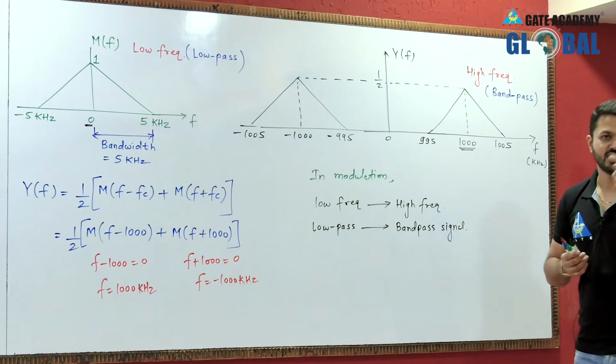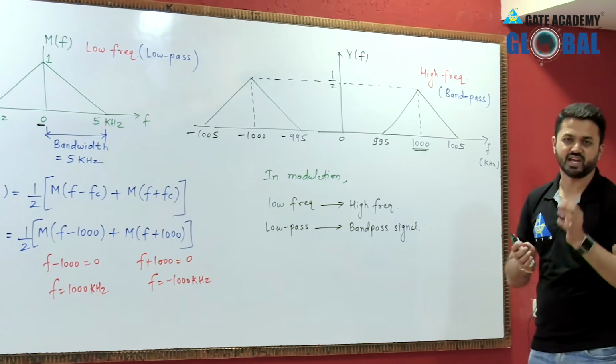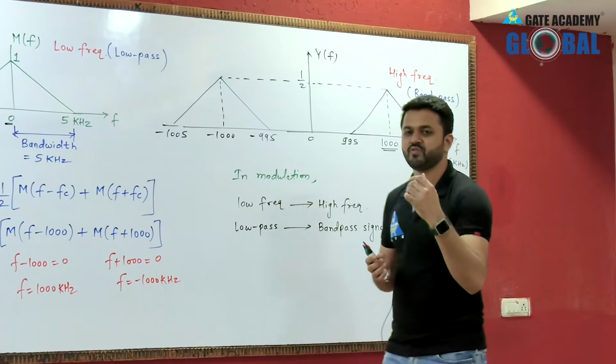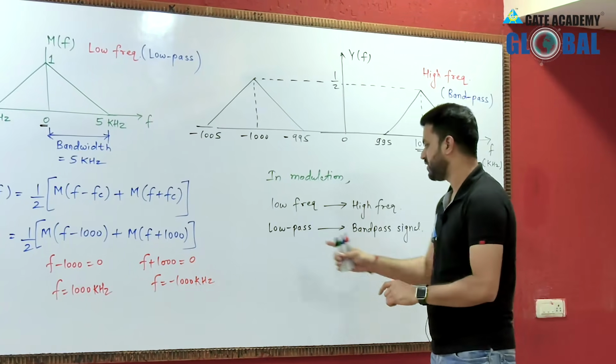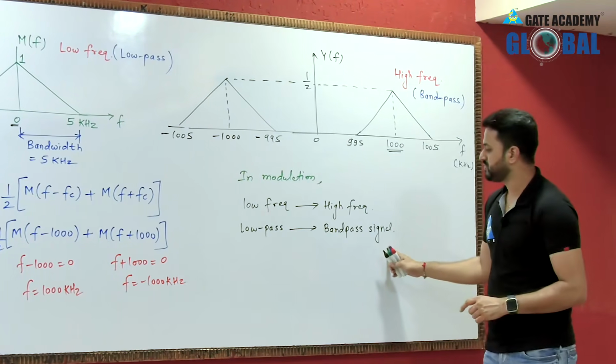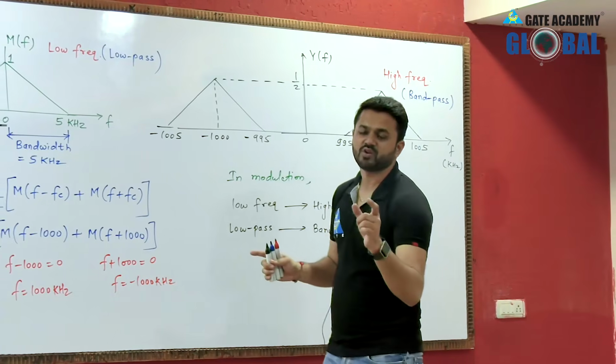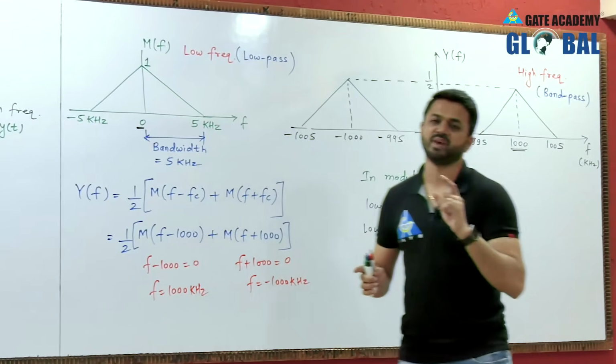So this is one definition of modulation, in which we translate the low frequency signal into a high frequency signal, or the low pass signal is translated into a band pass signal. So, after modulation the signal we get is a band pass signal.